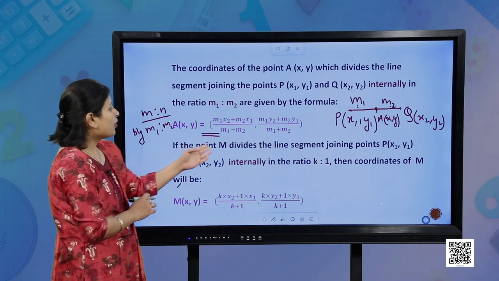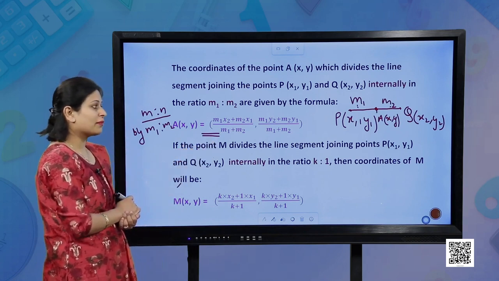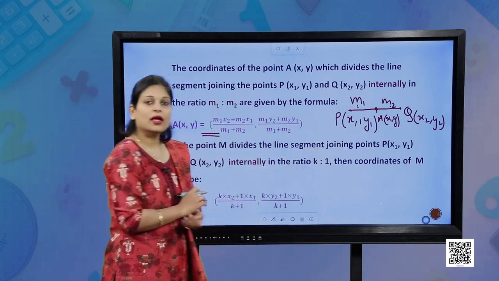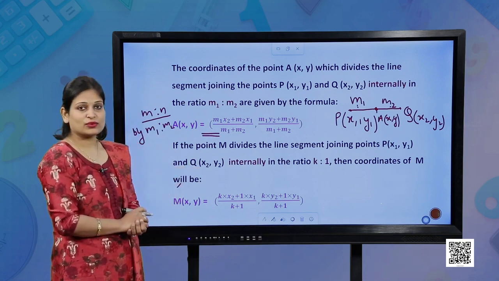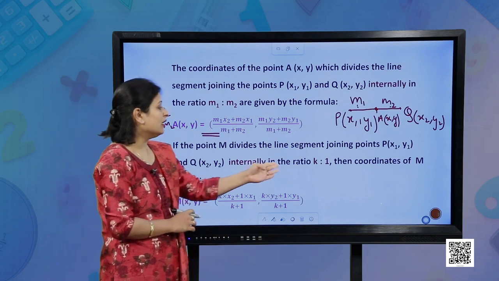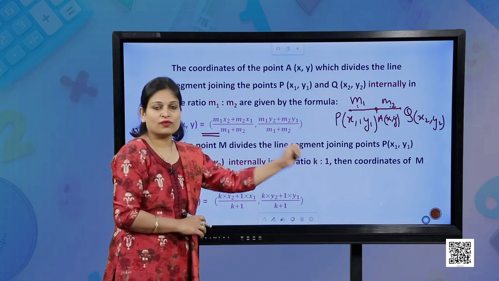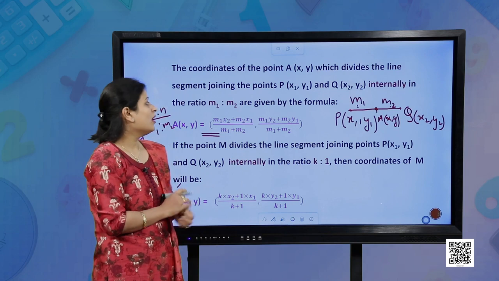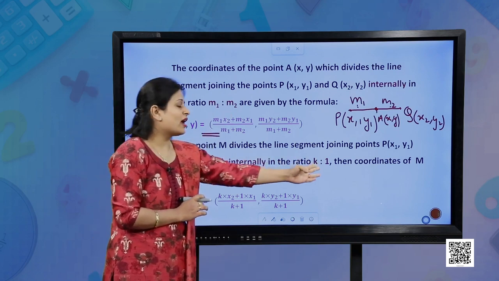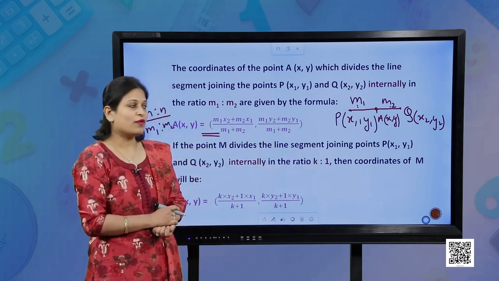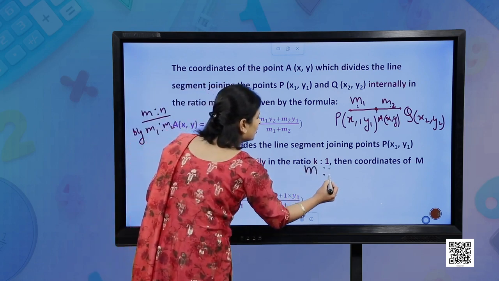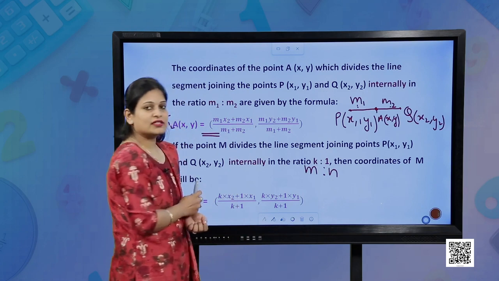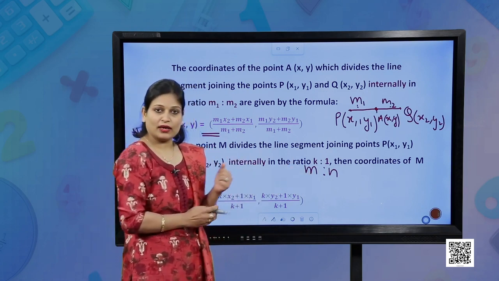Now, if the point M divides the line segment joining points P(x1, y1) and Q(x2, y2) internally in the ratio k:1. Now, instead of m1, m2, I have taken k:1. So, what will you do? First, we defined the section formula for the ratio m:n.